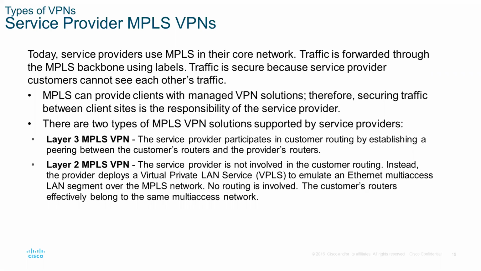Instead, the provider deploys virtual private LAN service to emulate an Ethernet multi-access LAN segment over which the MPLS network sort of runs. So there's no routing. Customer routers effectively belong to the same multi-access network. So as far as they're concerned, it's like having a big switch in between them all.